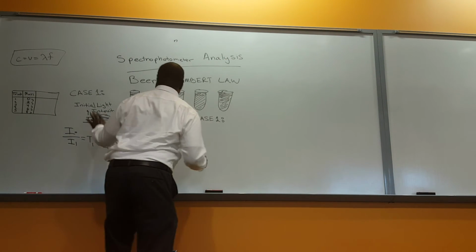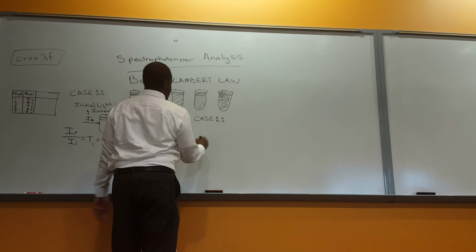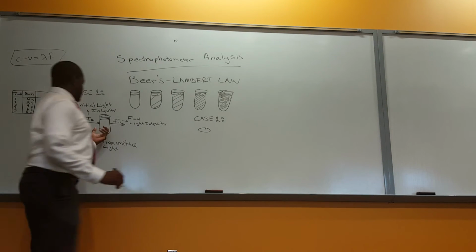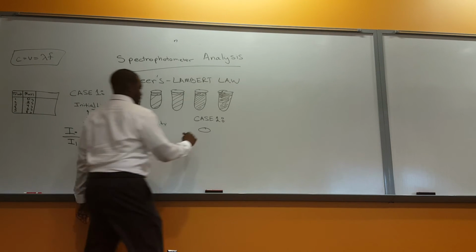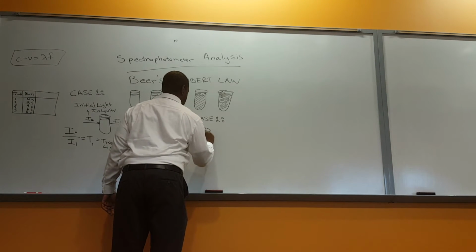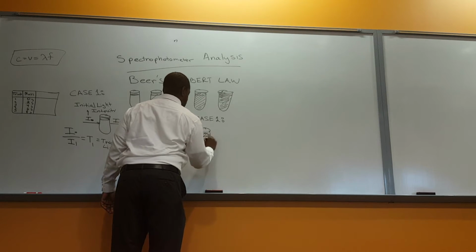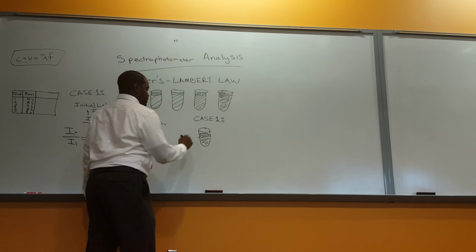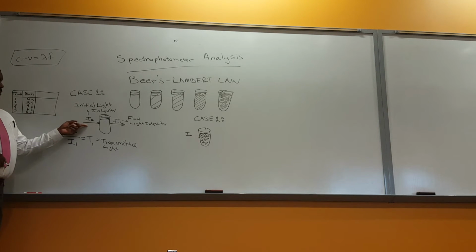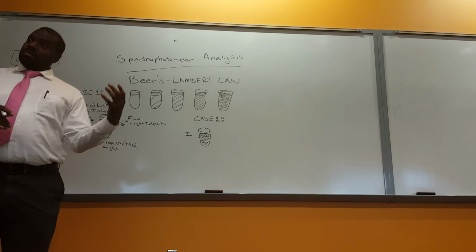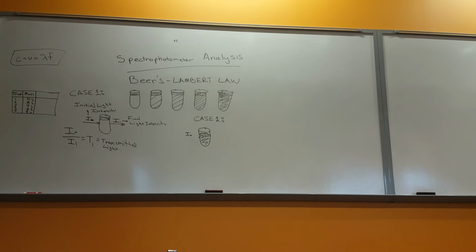Anyway, so case number 2, we have a darker sample, right? So our medium, our system's the same distance, okay? And it's a darker solution, okay? So again, you're going to have I sub 0, same intensity light initially shining through. It could be a reddish color or a bluish color, but you're going to tune it to get the right frame of reference so you can get the values you're looking for.